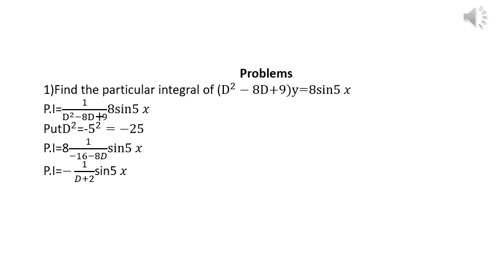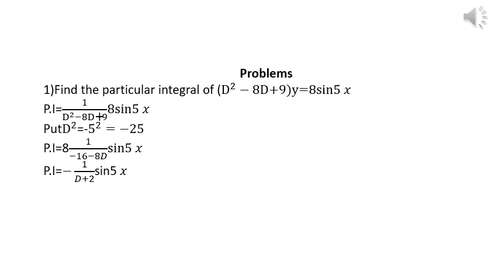Now what we have is sin 5x. So we put d square is equal to minus 5 square, that is minus 25. Substitute this for d square. Do not substitute anything for d. Write the term having d as it is.